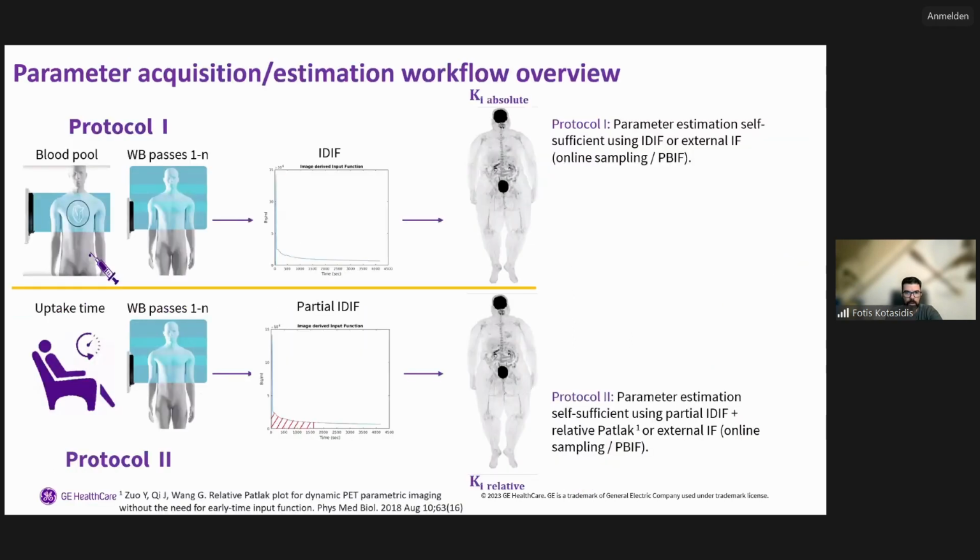So again comparing those two, for protocol number 2, where you inject the patient away from the scanner and you just put him on the scanner to acquire a number of passes, we analyze the data with relative Patlak, and with relative Patlak, obviously you're missing the early part of the input function.